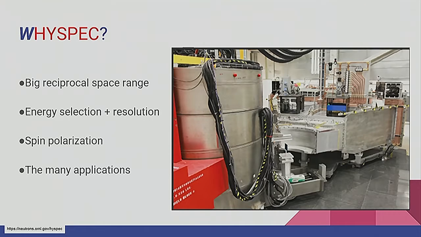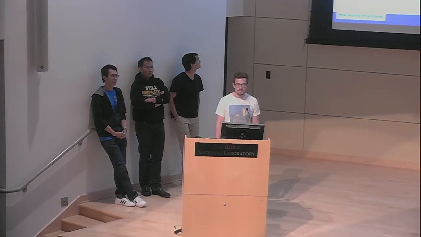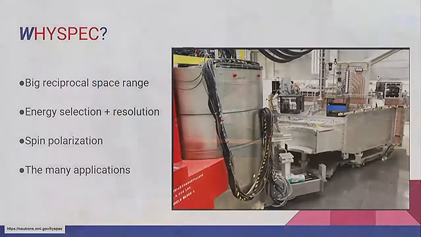So I guess what we're all asking ourselves is, why would you want to commission such a really complicated and specialized piece of equipment? And there are a lot of benefits. Primarily, it has this humongous swath of reciprocal space that it's accessing, 60 degrees in 2 theta. It has really fine energy selection and also resolution using a monochromator and time of flight, respectively.